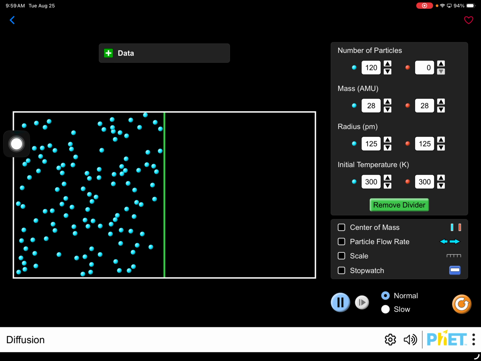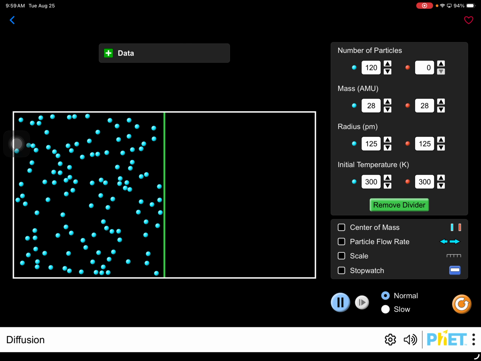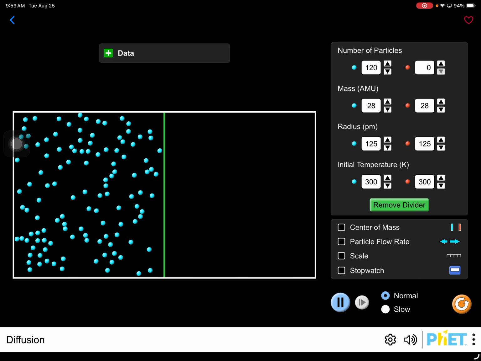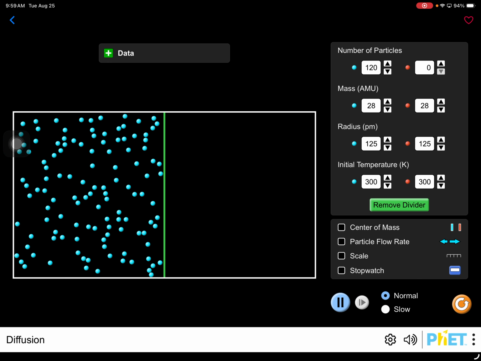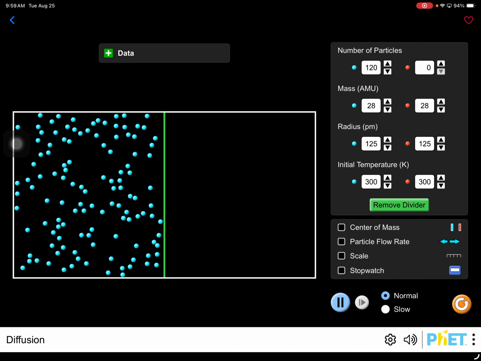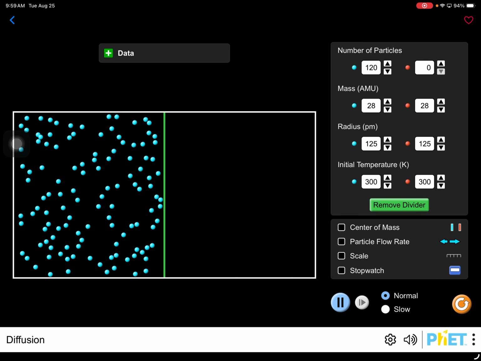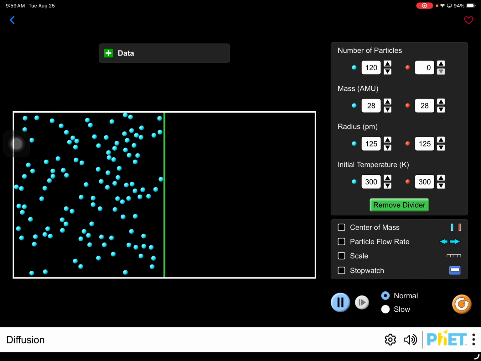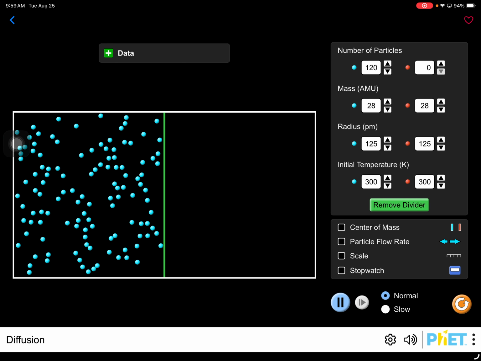What does a semi-permeable membrane mean? Very good. Thank you, my friend. So like the name says, semi-permeable. It allows certain things. It won't allow everything. So the membrane has holes, and it won't let through large stuff. It'll let through small stuff.